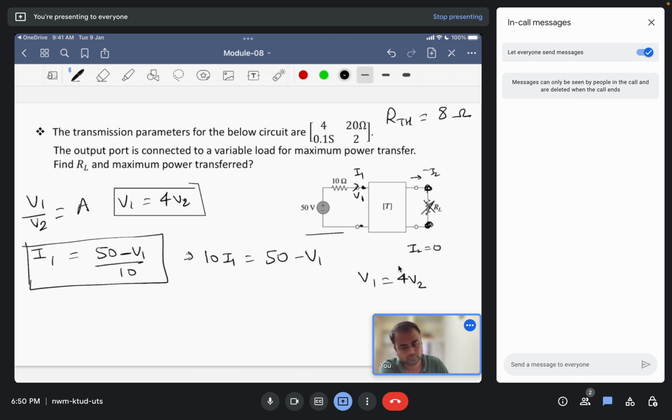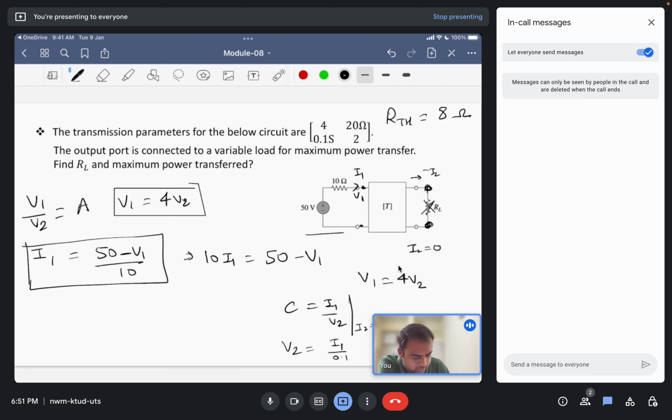Also from the C parameters, C is I1 by V2, given that I2 is 0. So from here we can get V2 is equal to I1 by C. C is 0.1.